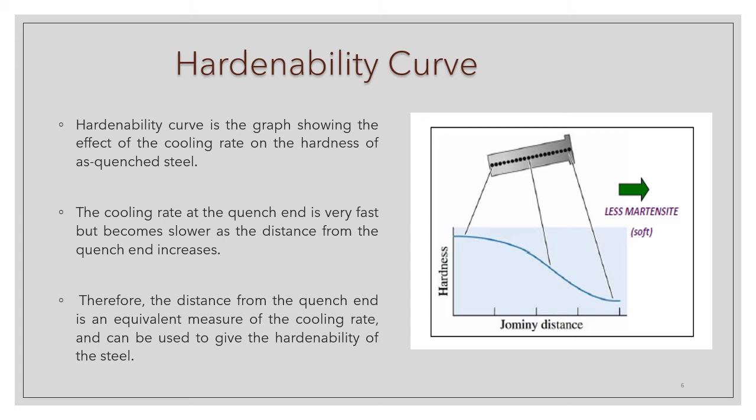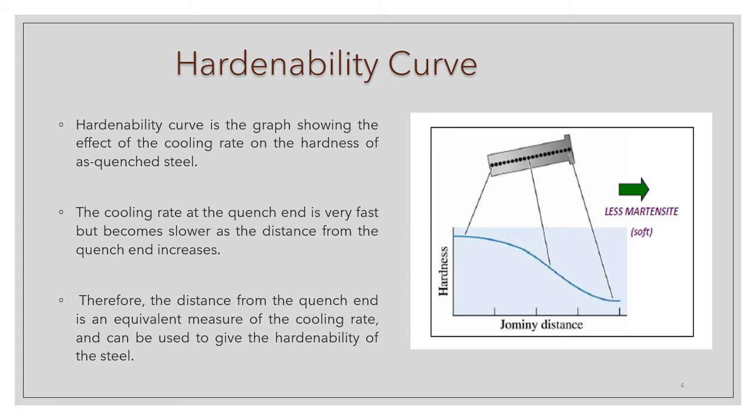This part has the highest amount of martensite, and this part has less martensite, so it became much softer.